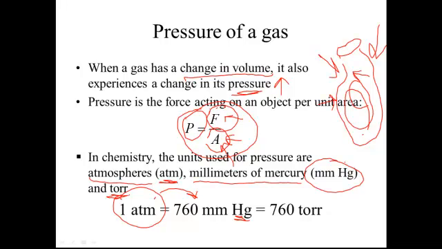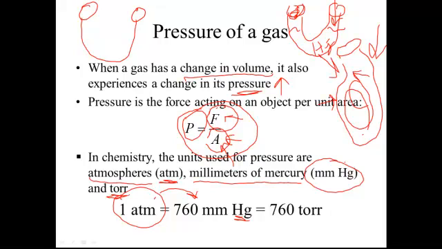And so what you can do is you can have a device, it looks much better than this, but more or less it looks kind of like this. And basically one end will be sealed, and then the air or whatever's in there will push on that mercury. So here's your mercury down in here, and it will push on that. So on one side, if it pushes high enough, the mercury will be higher on this side than it is on this side.